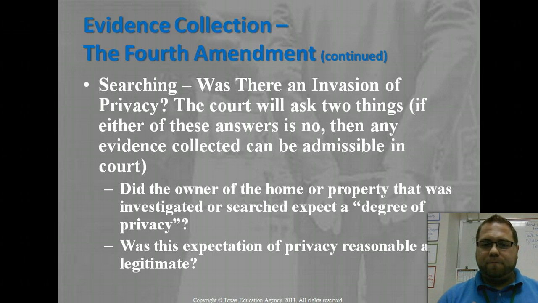If either of these answers is no, then it is admissible. Did the owner of the home or property expect a degree of privacy? And was the expectation of privacy reasonable and legitimate?